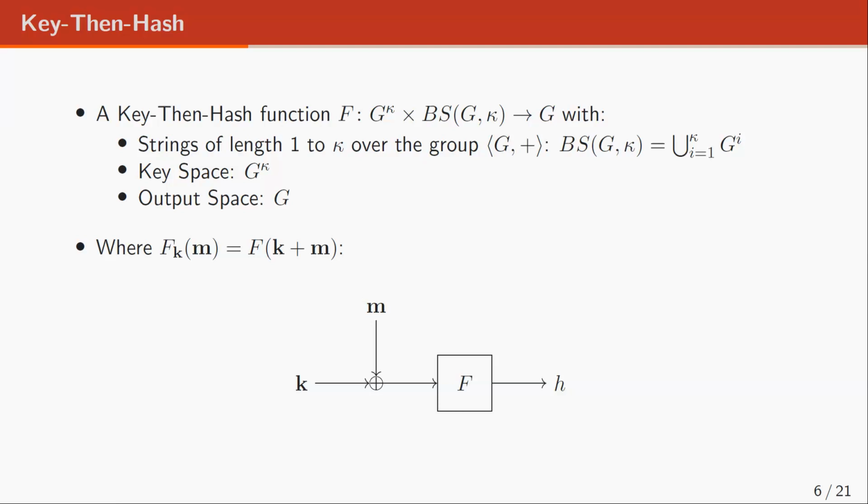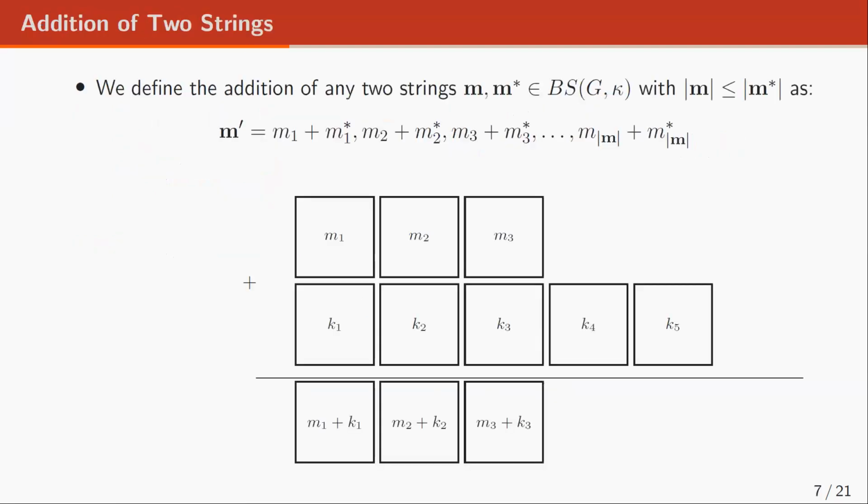So this leads us to talk about how we define the addition of the key. We define it like that. For any two strings M and M star, we assume that M is at most as long as M star.